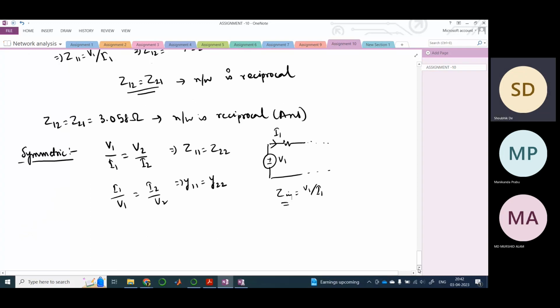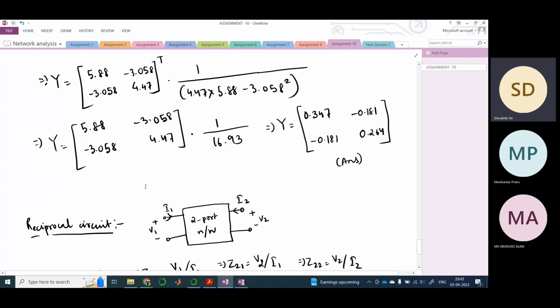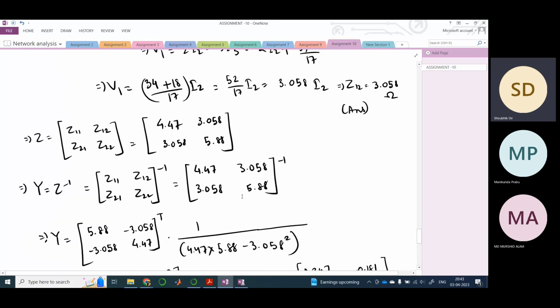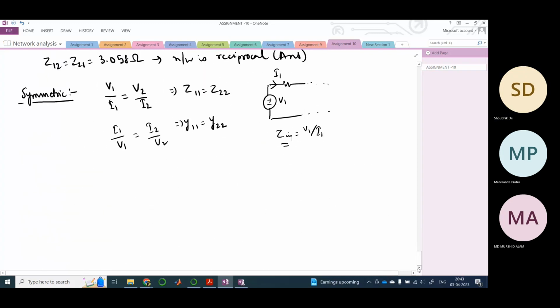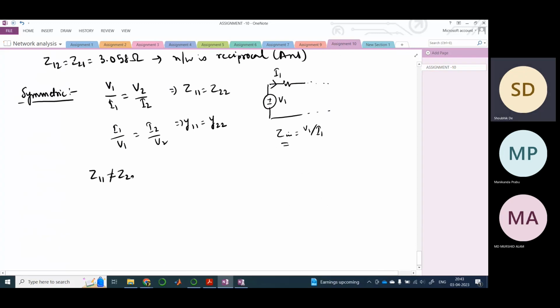That is what you mean by symmetric. Here for this problem you see that Z11 doesn't match Z22 because these two are not the same. Therefore Z11 is not equal to Z22. Therefore the network is not symmetric.